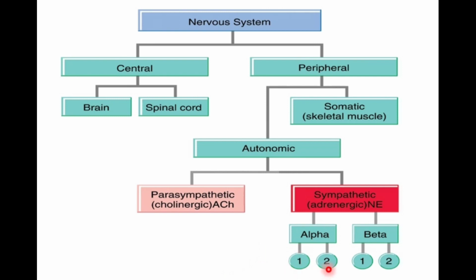There are two main alpha receptor subtypes, alpha 1 and alpha 2, each divided into three further subtypes. Similarly, there are at least three beta adrenoreceptor subtypes, beta 1, beta 2, and beta 3. All belong to the superfamily of G protein coupled receptors.